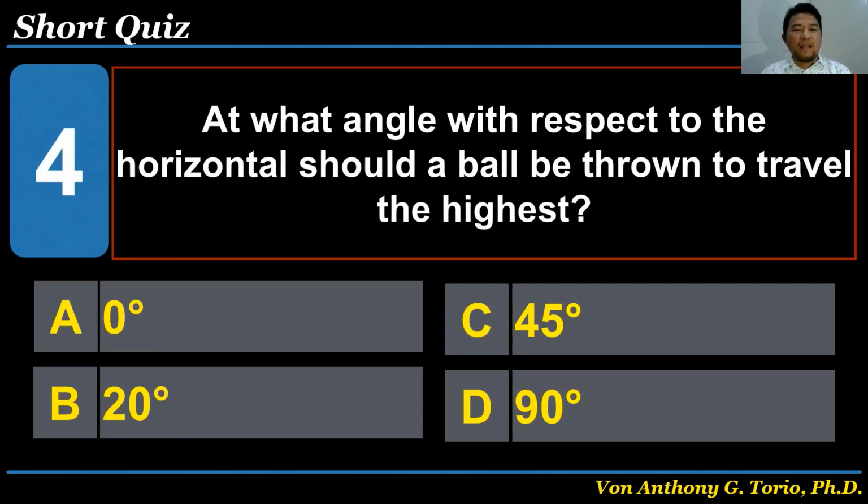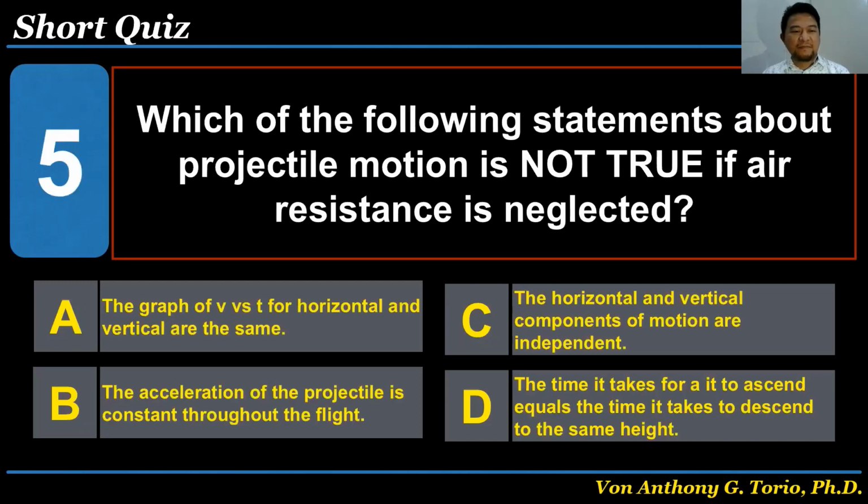Number 4. At what angle with respect to the horizontal should a ball be thrown to travel the highest? A, 0 degrees, B, 20 degrees, C, 45 degrees, or D, 90 degrees. Number 5. Which of the following statements about projectile motion is not true if air resistance is neglected?